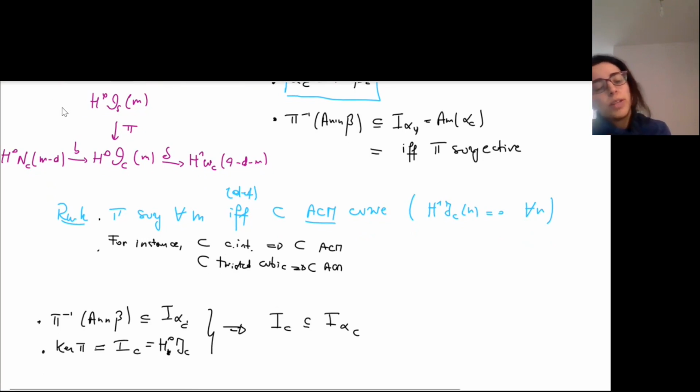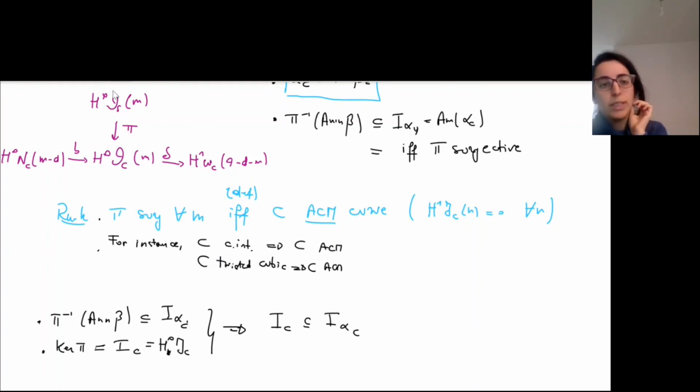And I don't want to stress this thing, but here we can consider the H0 of the tangent bundle, which has a map here and a map here, and the image of the H0 of the tangent bundle is the Jacobian ideal.